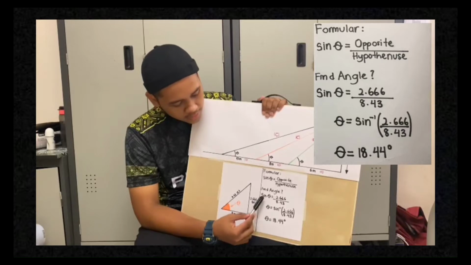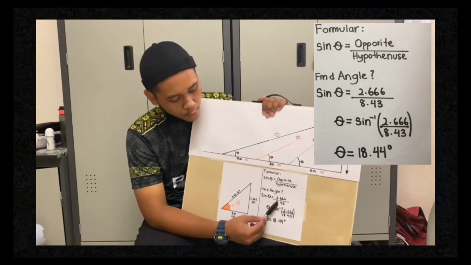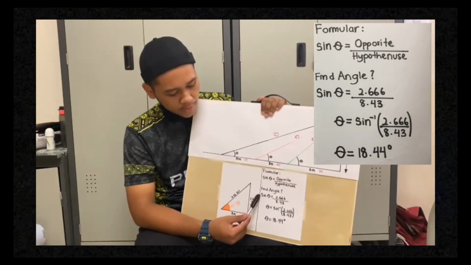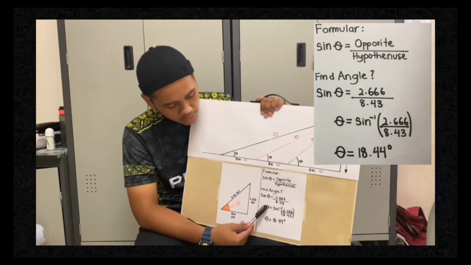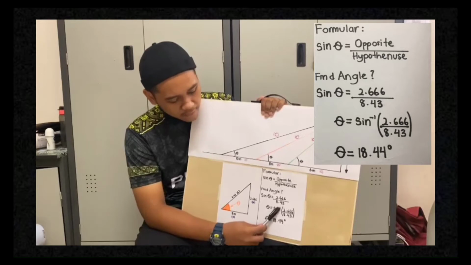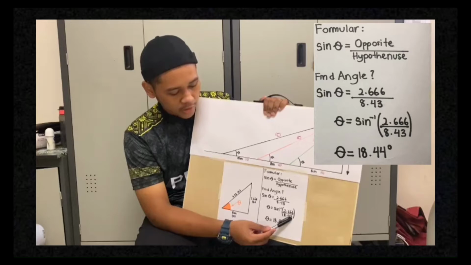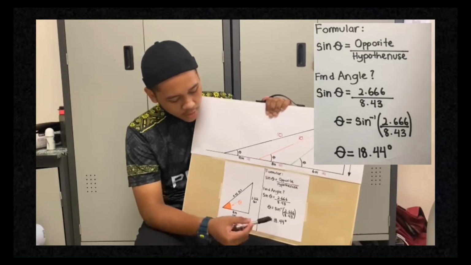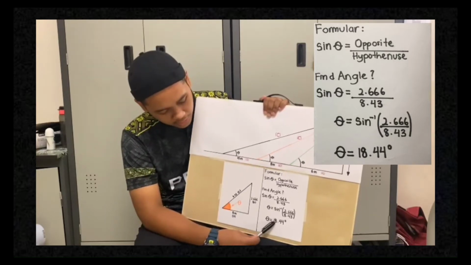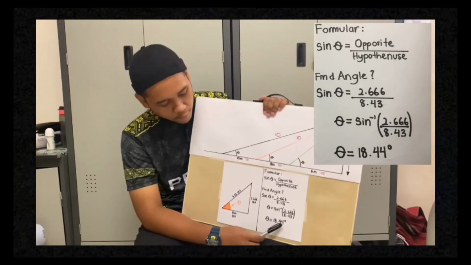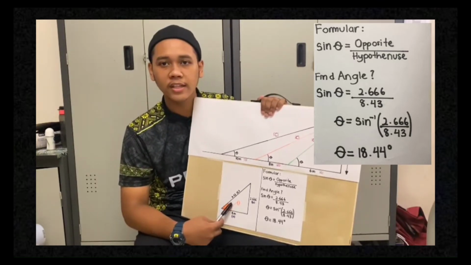So that will be sin theta equal to 2.66 over 8.43, and we bring the sin from the left side to the right side, and that will be theta equal to sin inverse in the bracket 2.66 over 8.43, and we count all this, and the answer will be theta equal to 18.44 degree, and we find the angle for the second triangle.